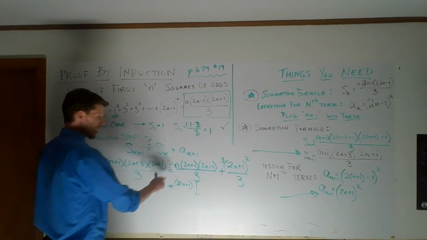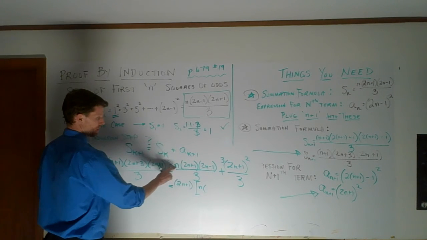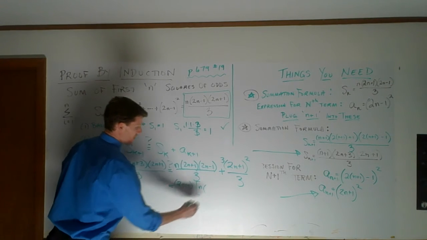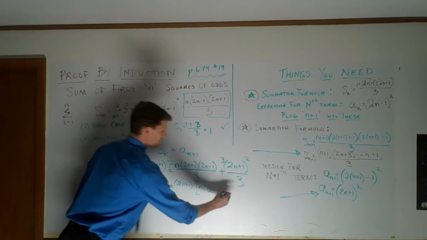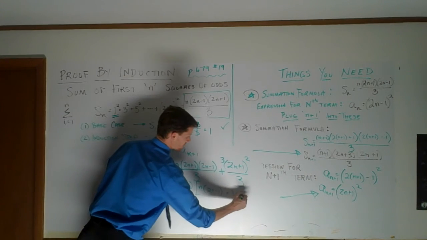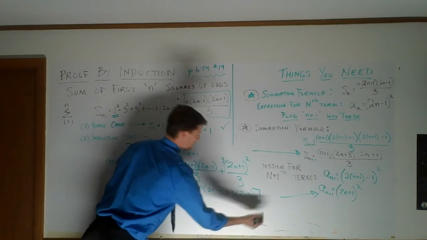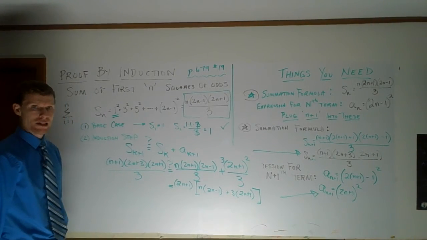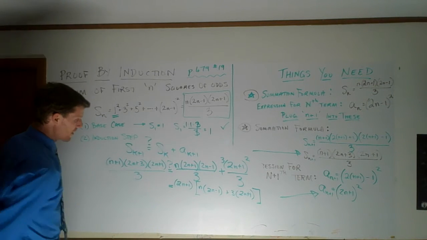When I factor that out, I'm left with n times, this n goes right there, and then this 2n minus 1 plus 3 times, and then just one of these 2n plus 1s. I'm running low on space, so I'm not going to write the denominator yet. I'm just going to evaluate this.